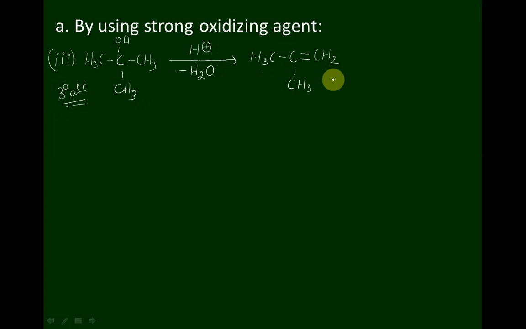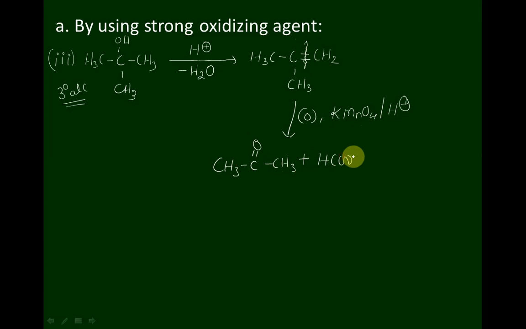This alkene is subjected to oxidation in the presence of a suitable oxidizing agent. Here the oxidation takes place at the carbon-carbon double bond. We get CH3C double bond O CH3 plus a group that is converted into formic acid. Again, on further oxidation, this compound gets converted into acetic acid and formic acid. Finally, you will get carbon dioxide and water.